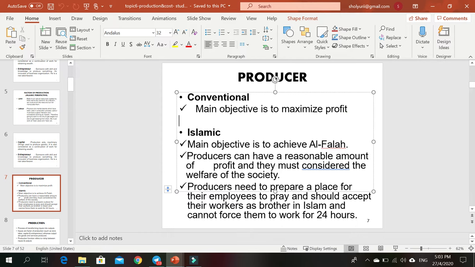Dalam Islam, Islamic objective untuk producer adalah to achieve al-falah. Al-falah is the success in the world and hereafter. As a Muslim, kita nak berjaya dunia dan akhirat. Okay, so producer can have reasonable amount of profit, reasonable sahaja, and they must consider the welfare of the society.